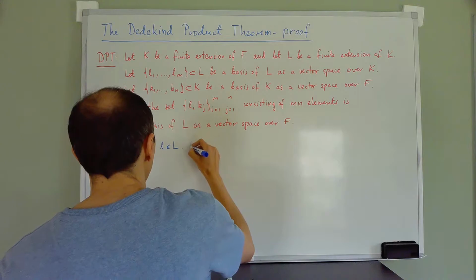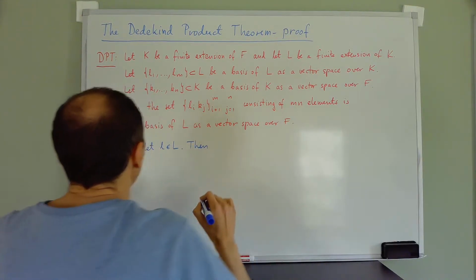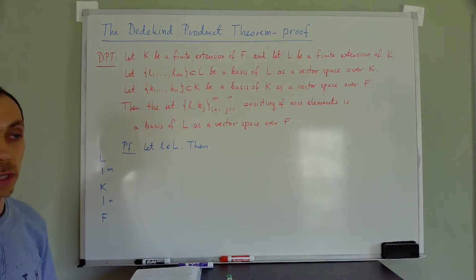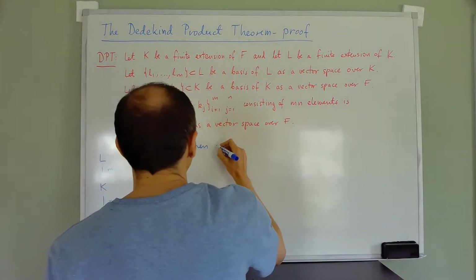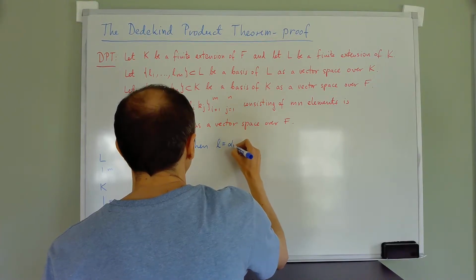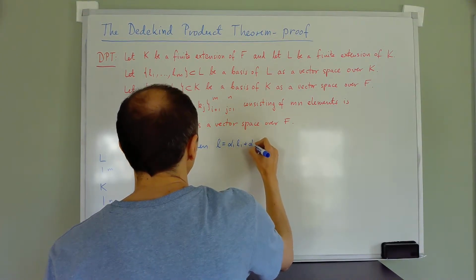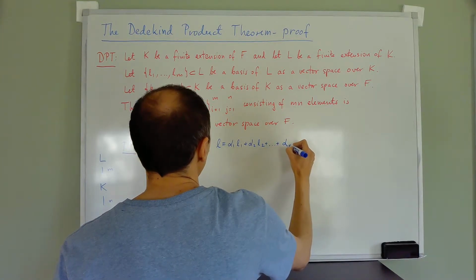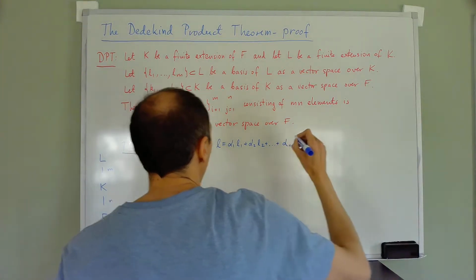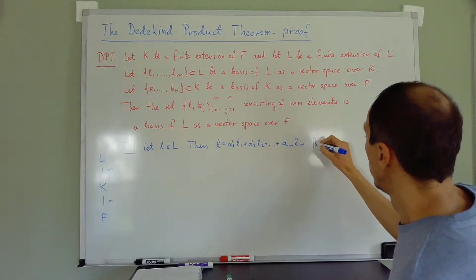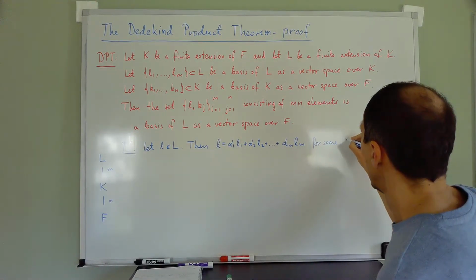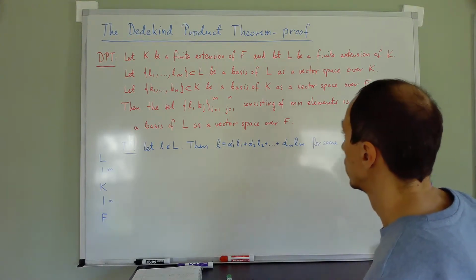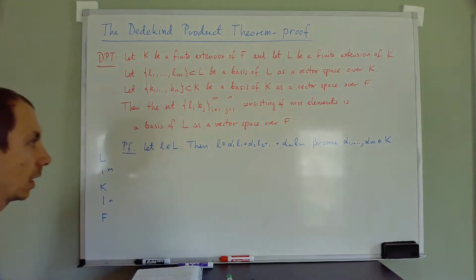Then, because the li's are a basis of L as a vector space over K, I can write l as alpha 1 l1 plus alpha 2 l2 plus ... plus alpha m lm for some alpha 1 through alpha m in K. Right?